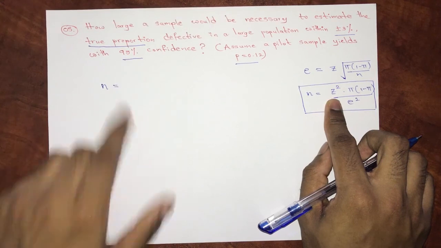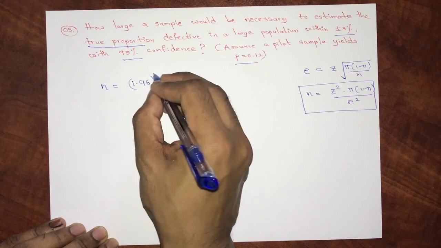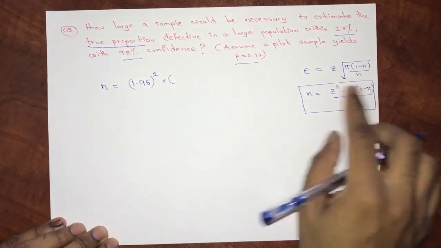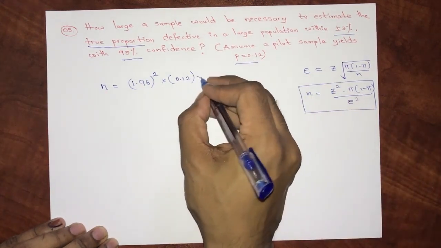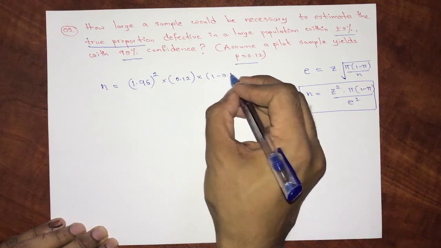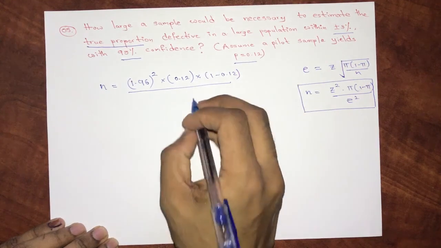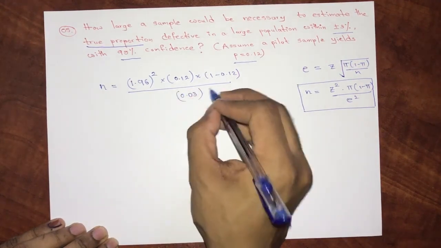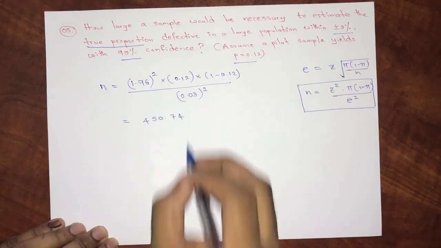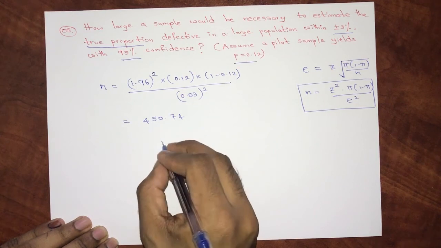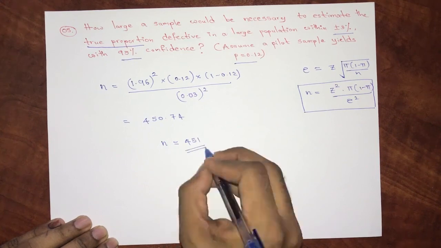You are considering 95% confidence, so you know it's 1.96 squared, times, for pi you would use 0.12, times 1 minus 0.12, divided by the error term squared. Error term is 3%, so that is 0.03 squared. So you would get the answer as 450.74. We round this up, hence you get the sample size of 451.